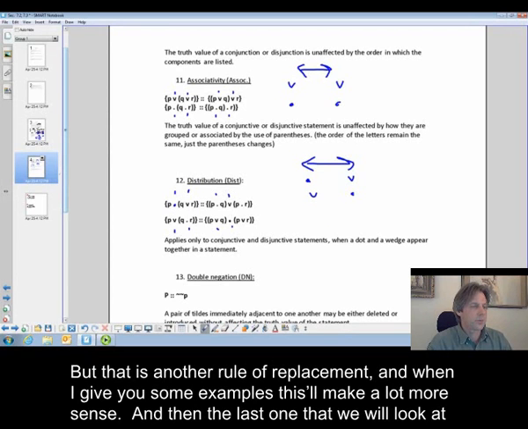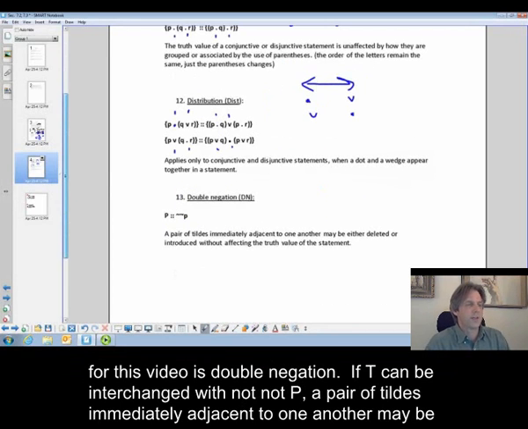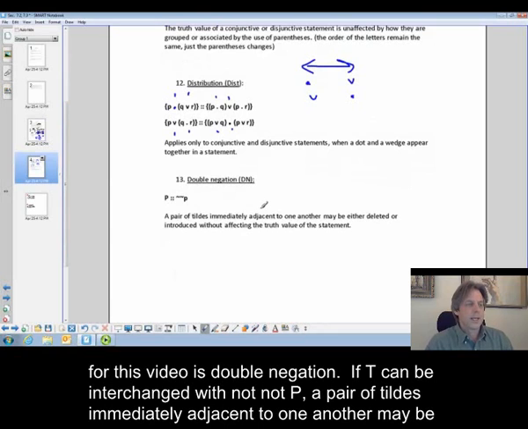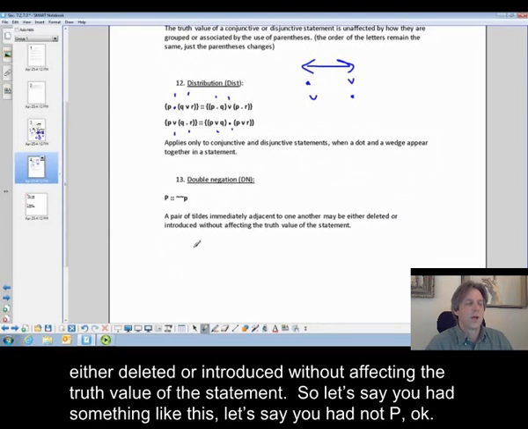And then the last one that we will look at for this video is double negation. P can be interchanged with not not P. A pair of tildes immediately adjacent to one another may be either deleted or introduced without affecting the truth value of the statement.